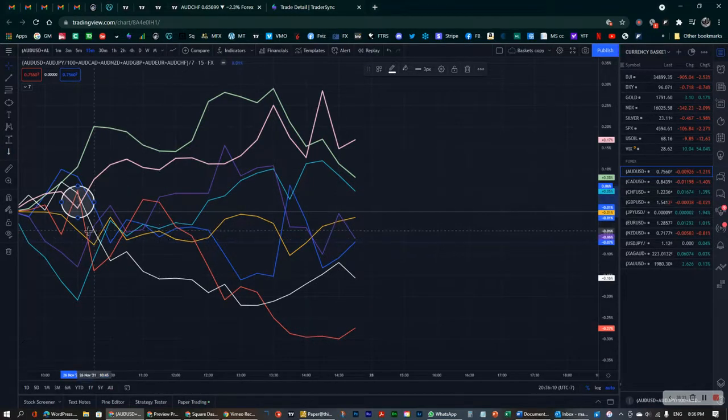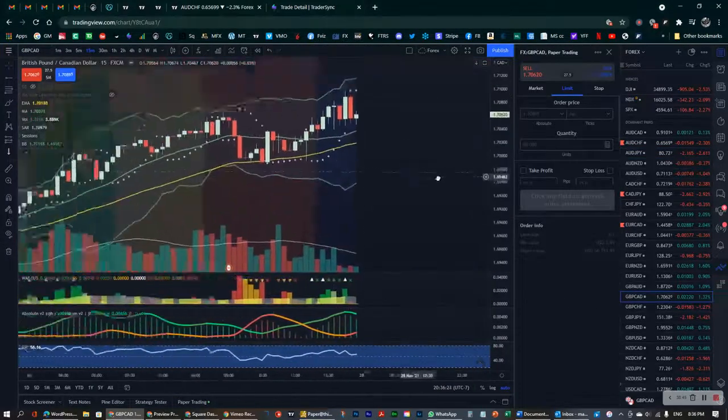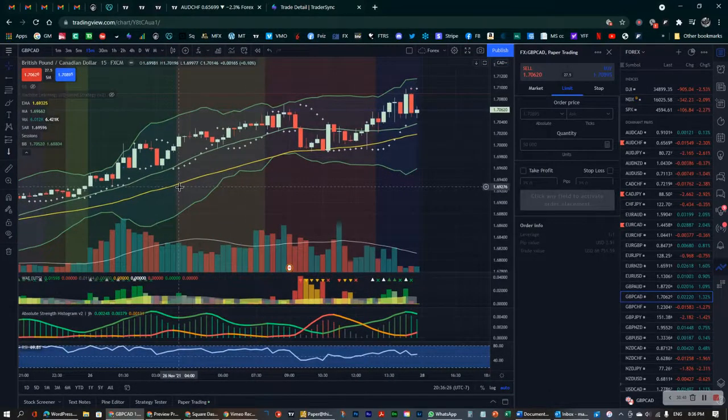So that's at 26th at 10:30. Let's look at the chart. Pound, CAD. At 10:30, there it is.